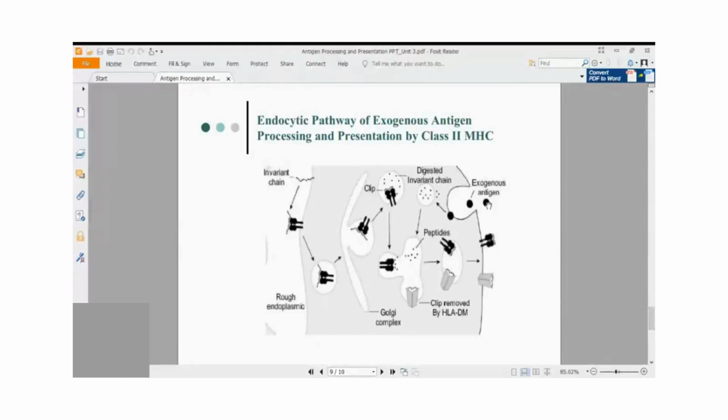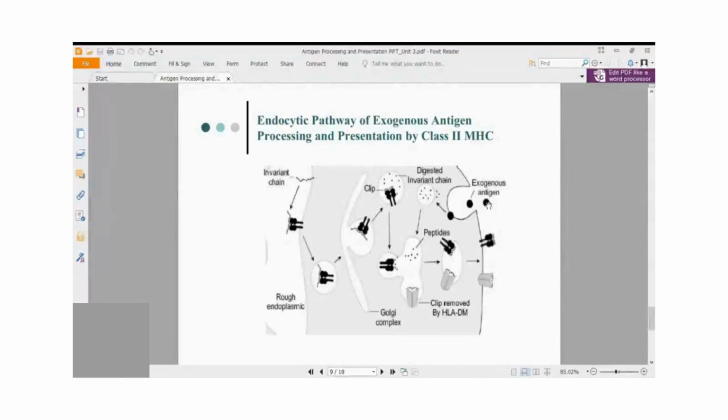So the donated graft tissue will have some different antigens, and those become exogenous antigens. Then there are antigens of bacterial origin and viral origin, maybe circulating in the body fluid, and they are going to be processed by the antigen presenting cell.